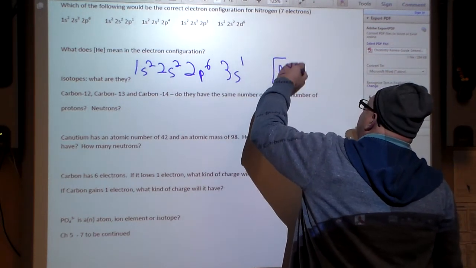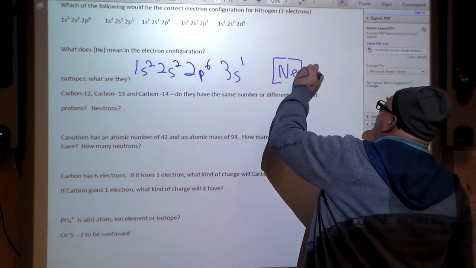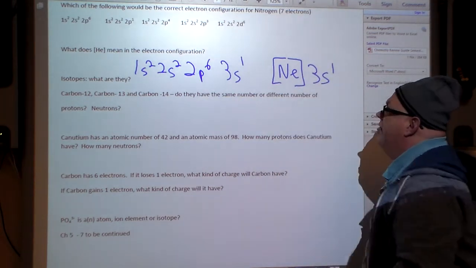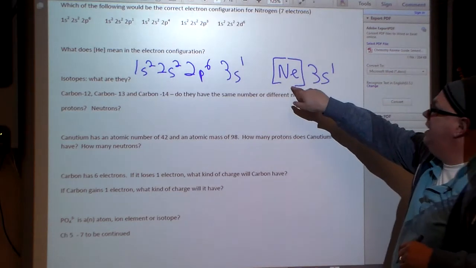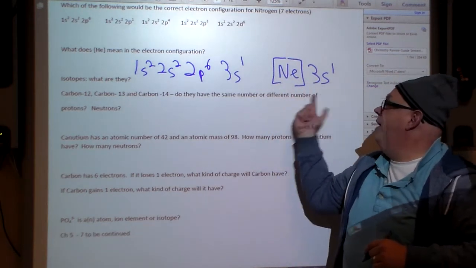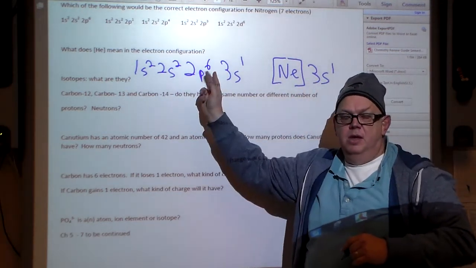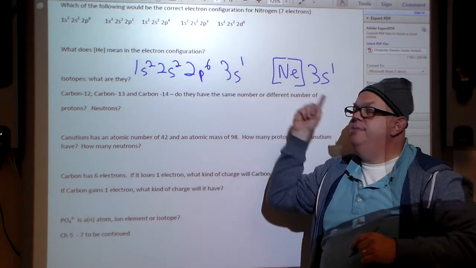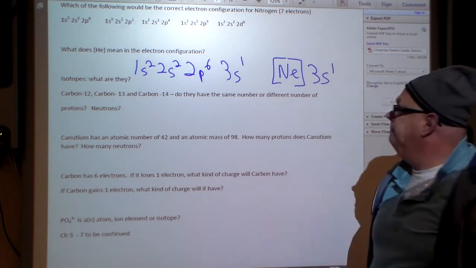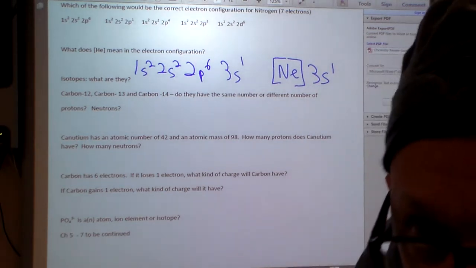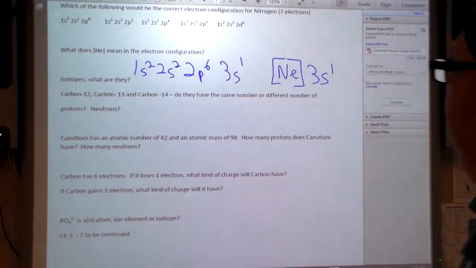But since I know that this is neon, that's where the abbreviation comes in. It's easier to write it this way than this way. Do you guys see the difference? It's the same thing. They're both sodium. Sodium has 11 electrons in there. Okay? Again, I got to look at time.